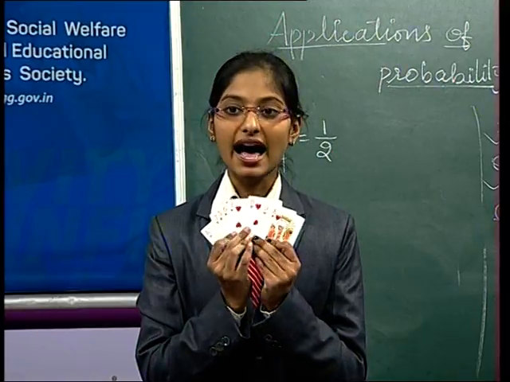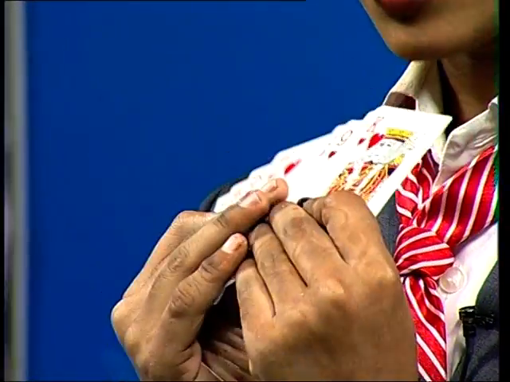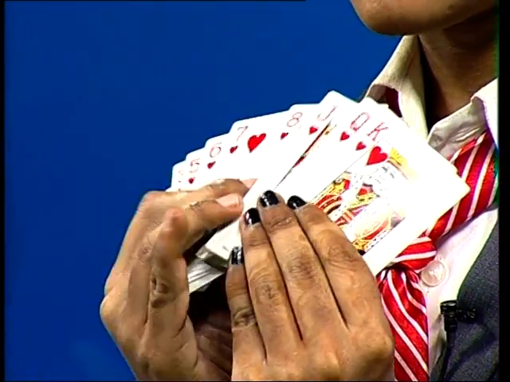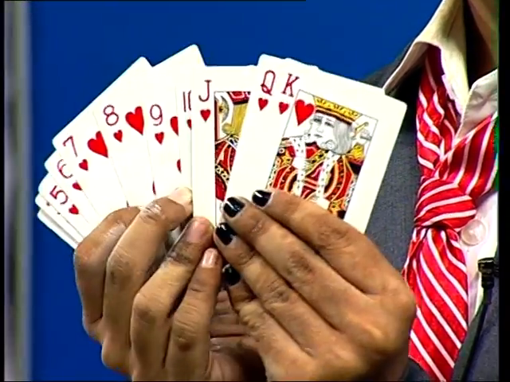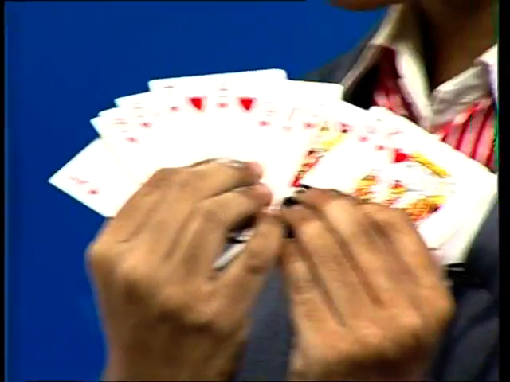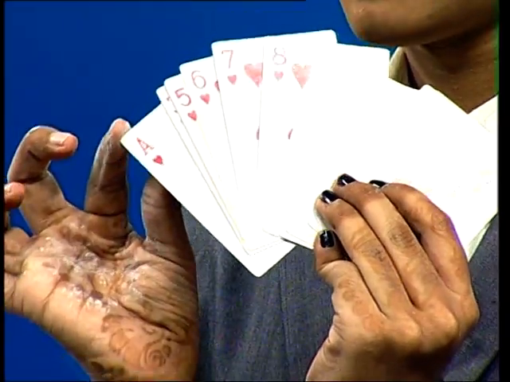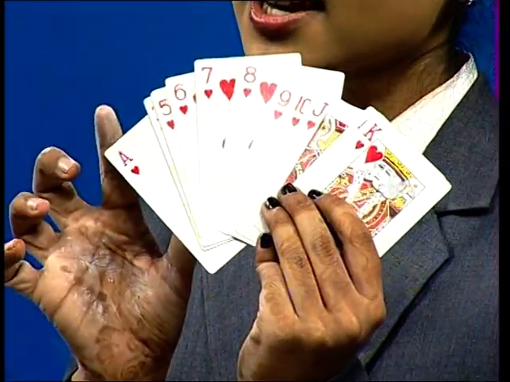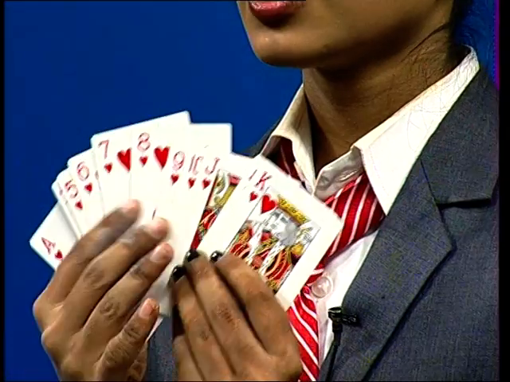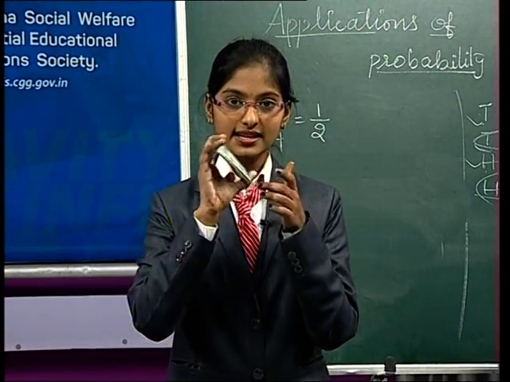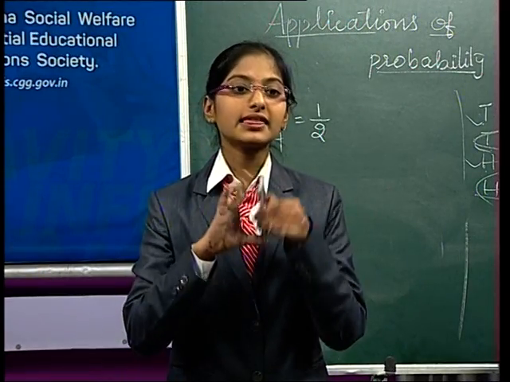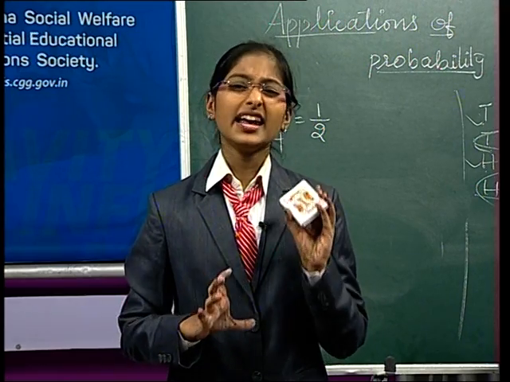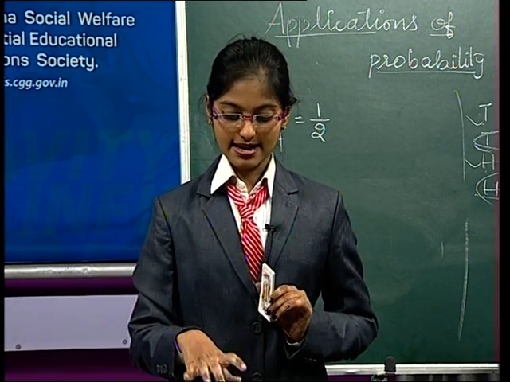Here we can see the 3 face cards, here the number cards, and finally the A, denoted as the first card and also the 14th card. Each set contains 13 cards.